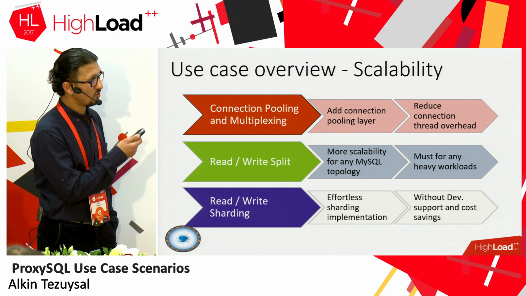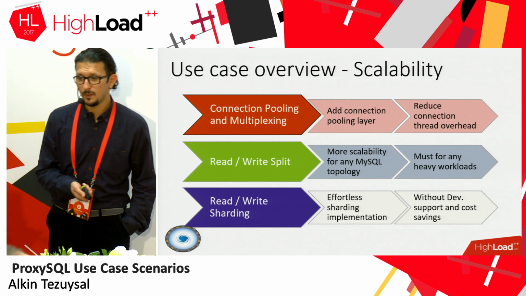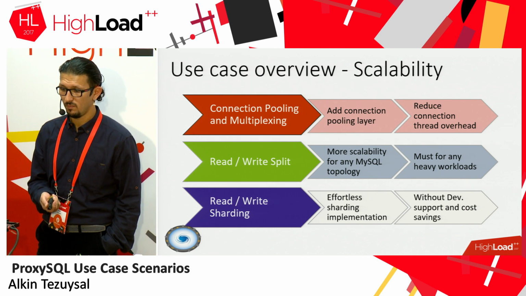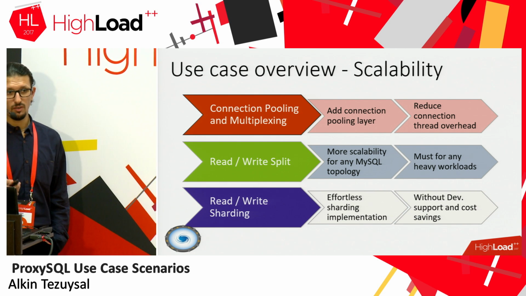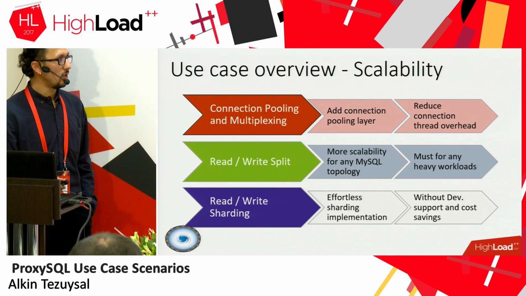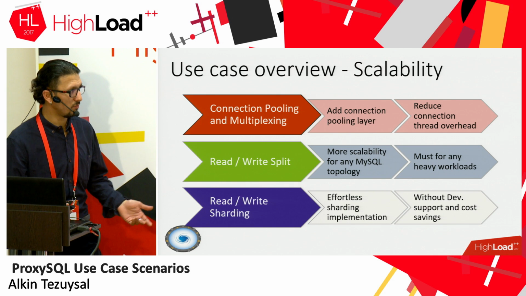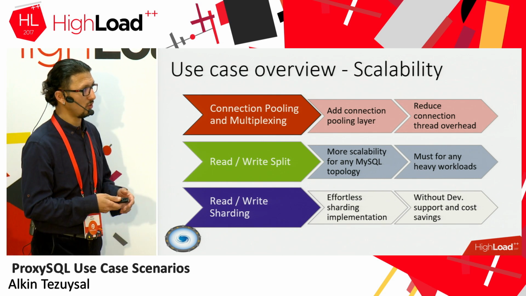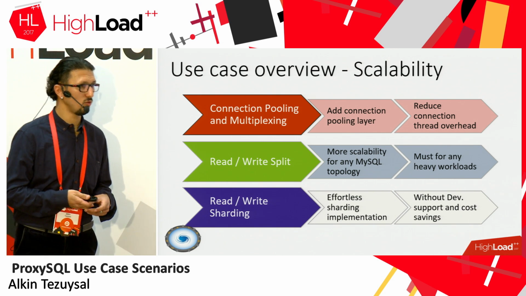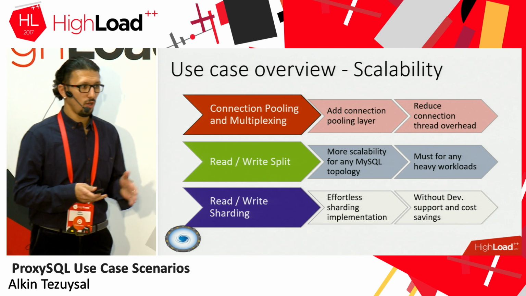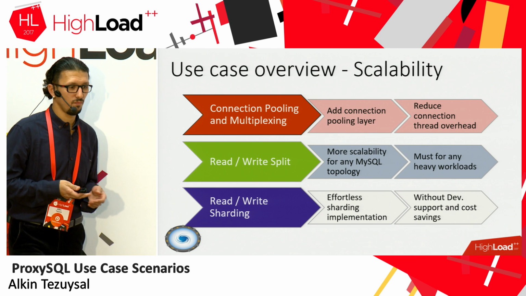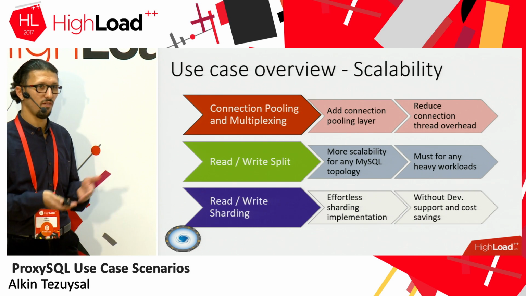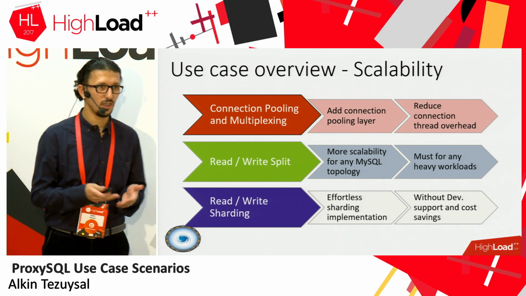And read-write sharding is another idea that came up, and there are a lot of sharding implementations we've seen in the market. Sharding is basically done to distribute the workload equally. But once you distribute the workload, they hit some point, a threshold, if that shard is too big, and we often face that.